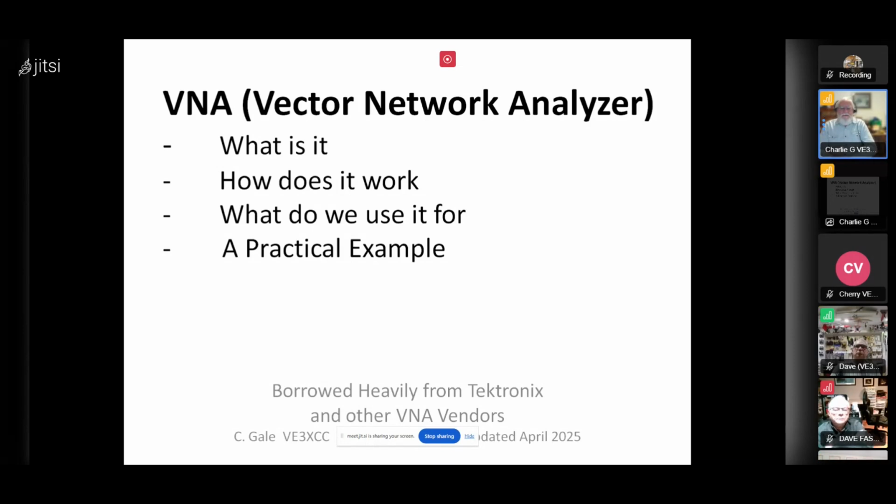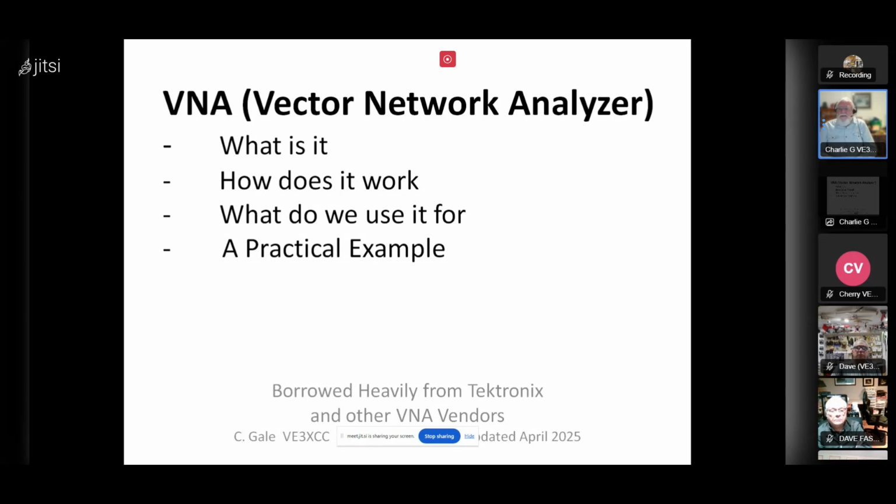I got myself into a bit of a rabbit hole probably over the last year, to be honest, around VNAs and what the heck are they? How do they work? What do we use them for? And I added on to that a practical example, which of course is the NanoVNA and an application that I did with it.